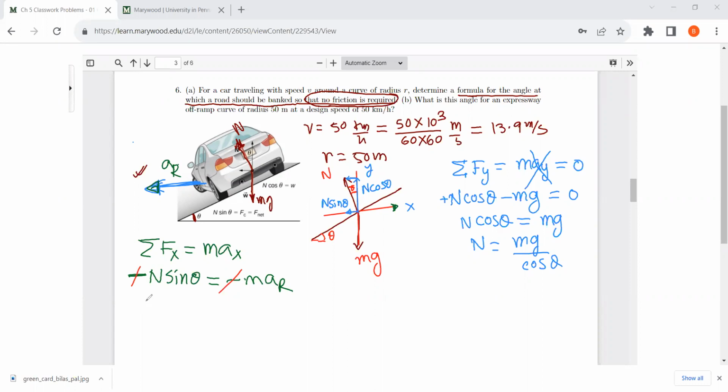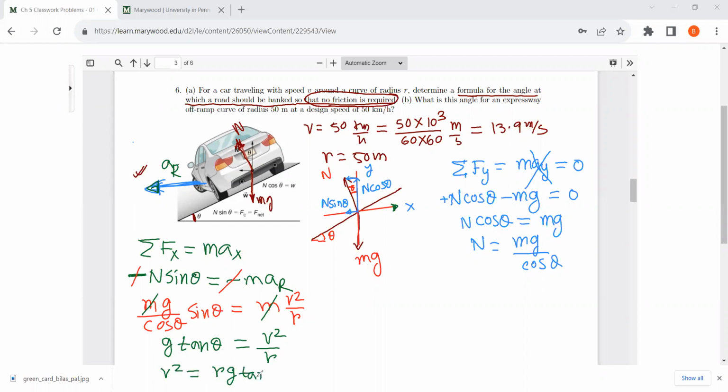Now if I substitute the value of N, we get mg sine theta over cosine theta equal to m a_r, which means m v squared over r, right? So this m and this m cancel out. So in the left hand side we have g tan theta, since sine theta over cosine theta is tan theta, and here we have v squared over r. So what we get here is v squared equal to r g tan theta.